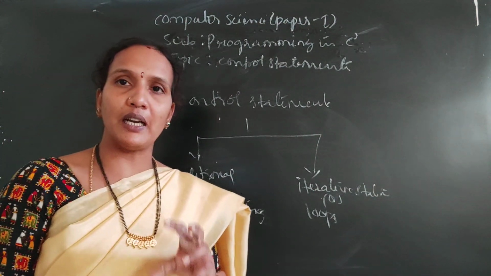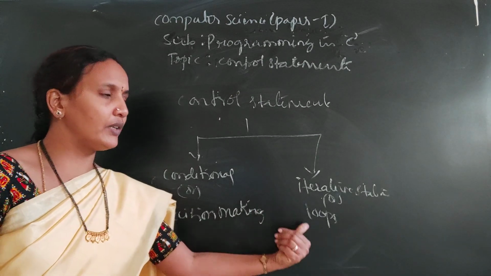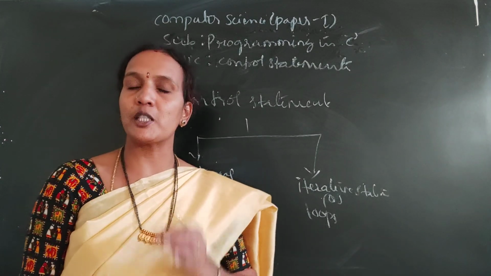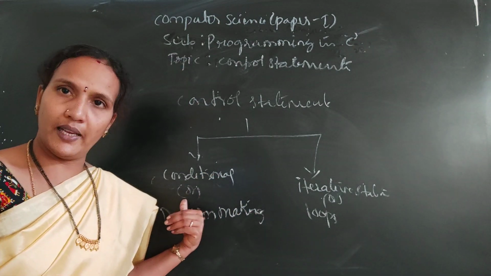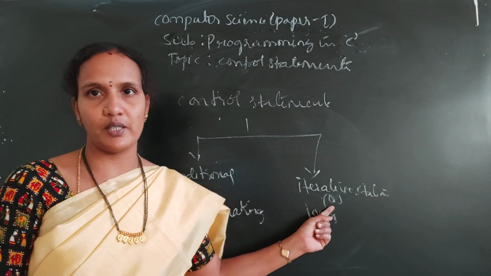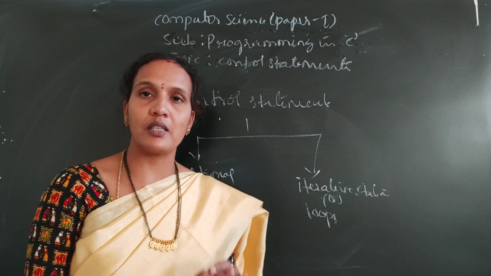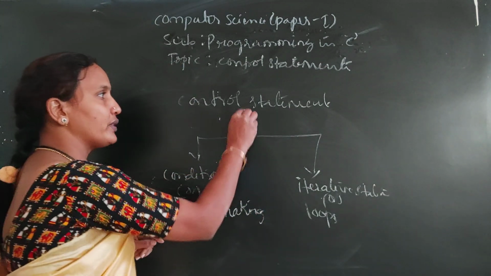Means if it is a conditional statement, a condition and decision is the same. Here iterative and loops are the same. But if they ask a question like, explain the control statements in detail, then you need to explain conditional statements and iterative statements. Understood? In the exam if they ask you like this, control statements is divided into two categories.